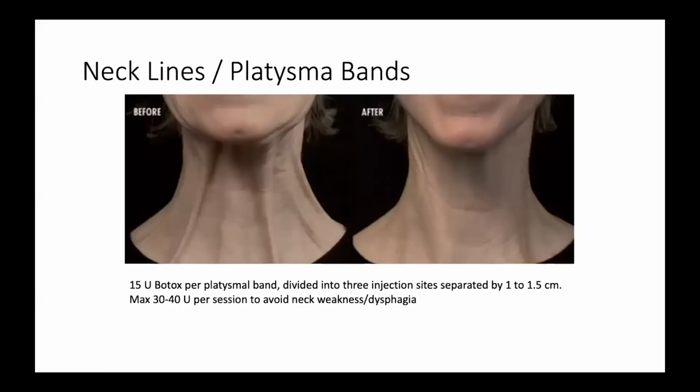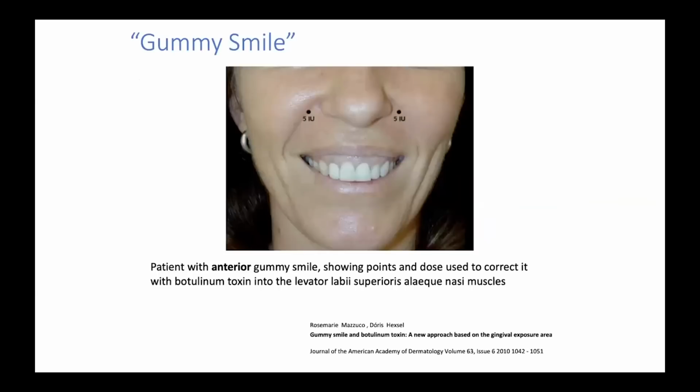We can also treat the platysma bands. However, remember, this is an area that we do want to be careful of because of other structures that are important for the airway. Some finer points: we can help folks with a gummy smile by relaxing some of those muscles that are bringing the lip up too much.